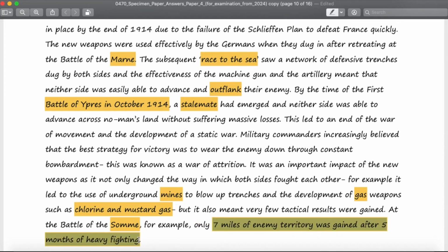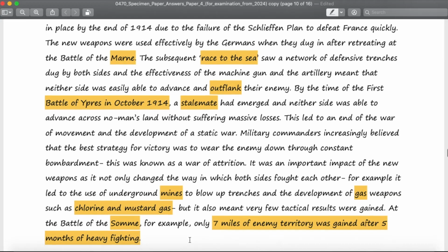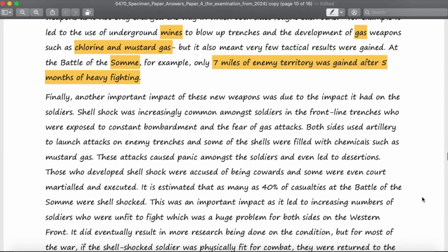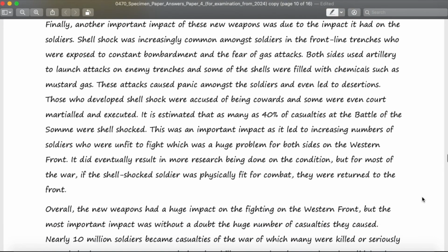So shell shock was one thing caused by the artillery, but the panic of the gas, we're having to wear gas masks and gas attacks. Would have been nice to kind of blend that into the effects, the cause and effects of panic among soldiers. So this essay does show how artillery caused shell shock and gas attacks caused panic and desertions among soldiers.